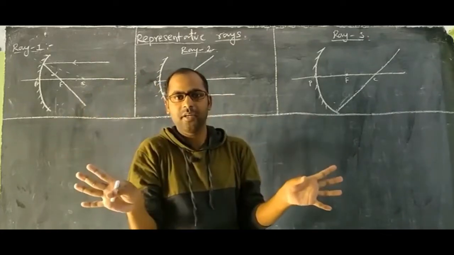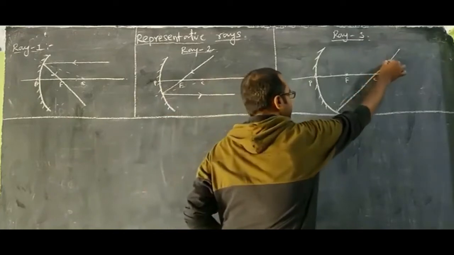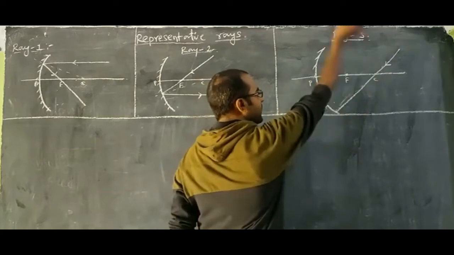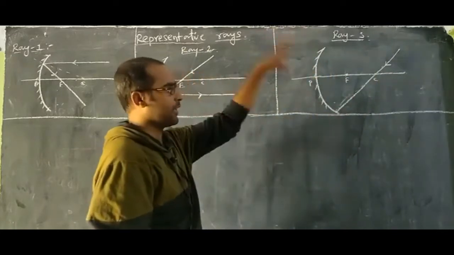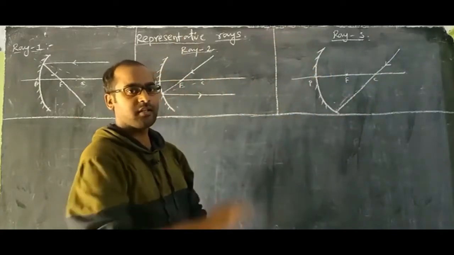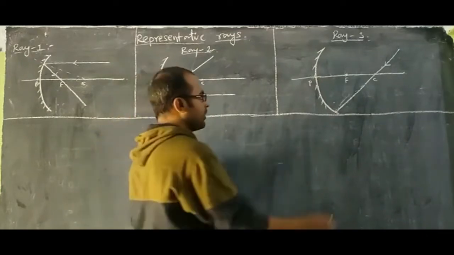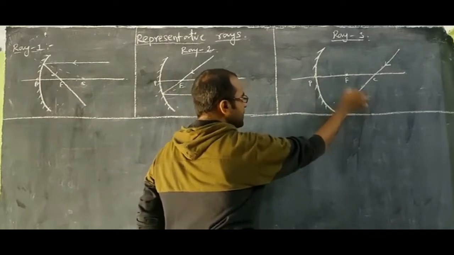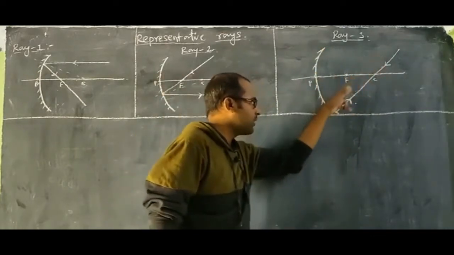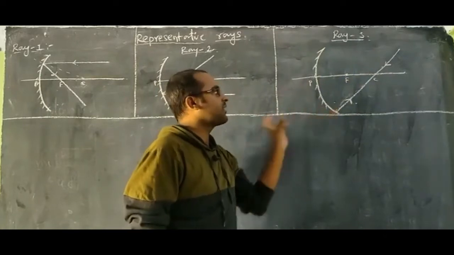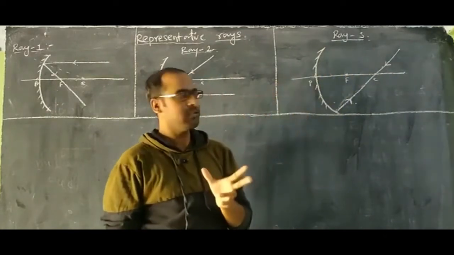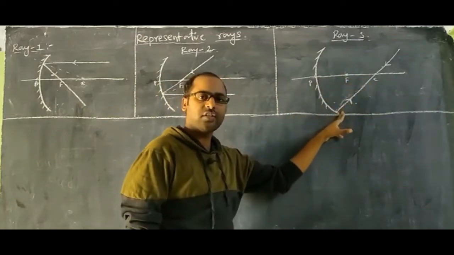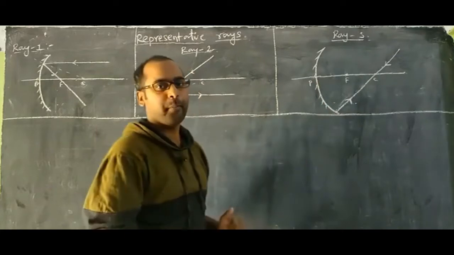It falls, hits the mirror here and reflects back in the same path. It retraces the same path. So when the ray is passing through the center of curvature, after reflection it retraces the same path.